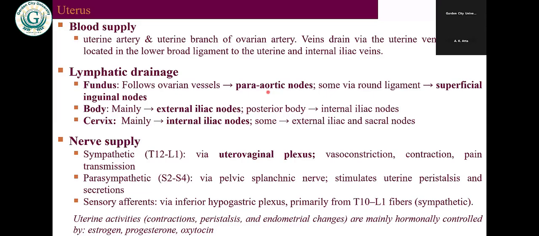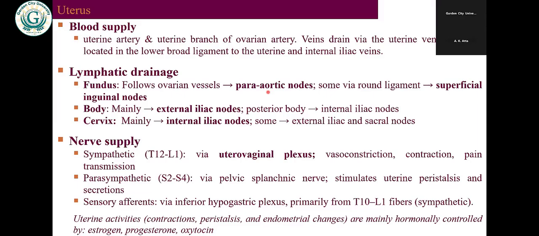For the sympathetic and parasympathetic innervation, as I said, you should remember the uterovaginal plexus. Sympathetic nerves will be responsible for vasoconstriction, and also the uterine contraction.